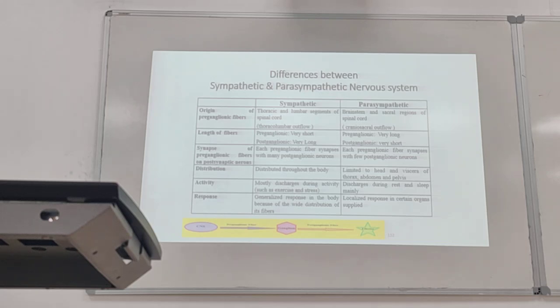But in the case of the parasympathetic nervous system, it is not distributed throughout. It is in the head. Head means eyes, head means nose, head means mouth for salivation. And in my boxes. I have 3 boxes: 1 box, 2 box, and 3 box, pelvis.